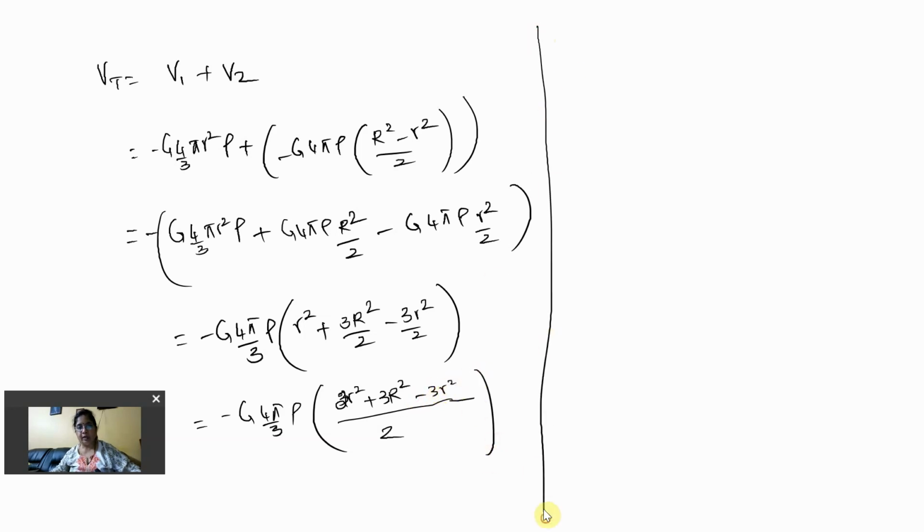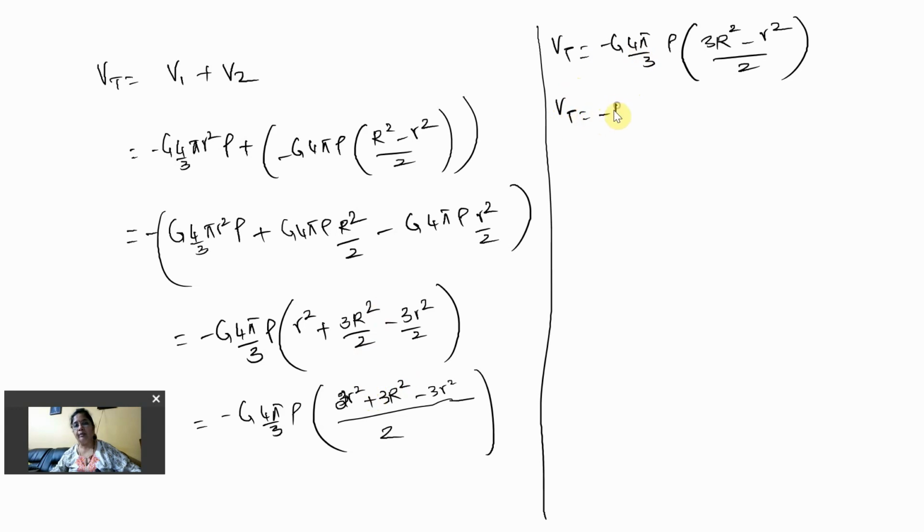So V total is equal to minus G 4 pi by 3 rho, 3 R square minus r square, divided by 2. Now multiply and divide this equation by R cube.